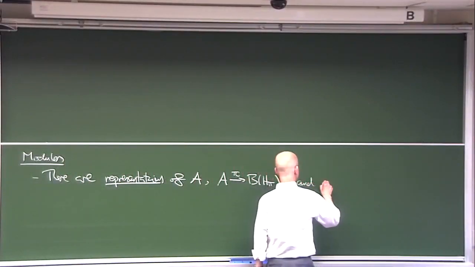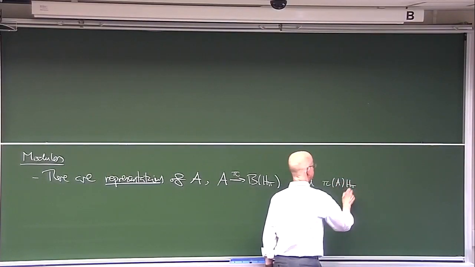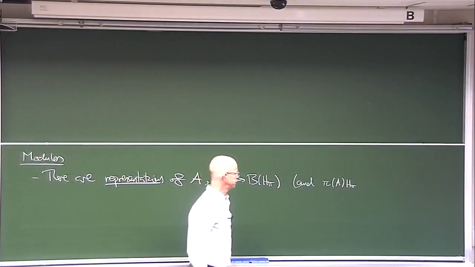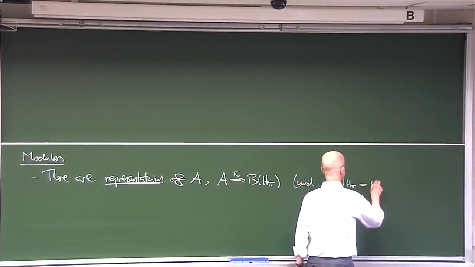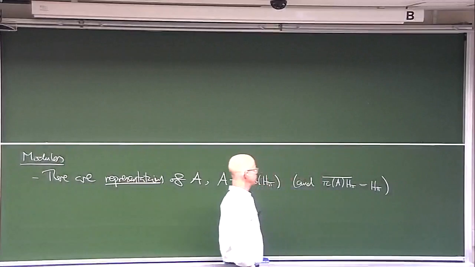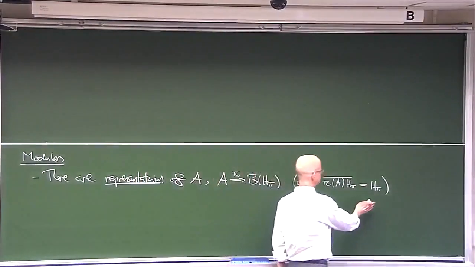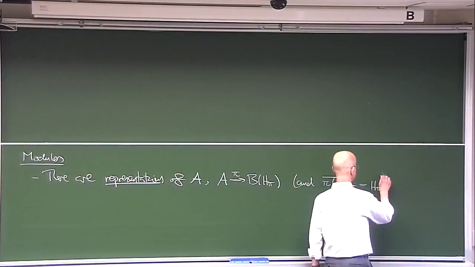I'm going to inevitably mention this condition that it's always convenient to assume that the representation is non-degenerate, so that the zero homomorphism is not allowed, for example. We always want this sort of thing here.